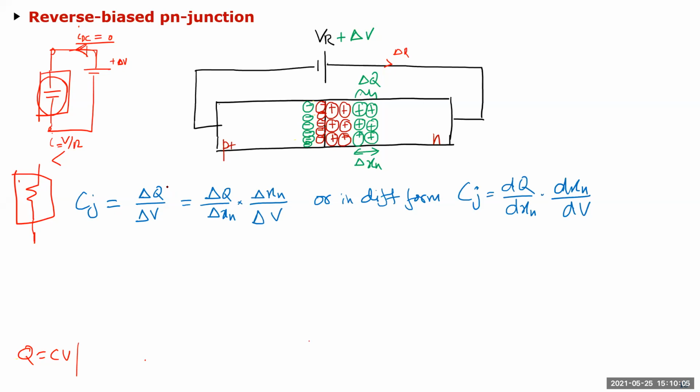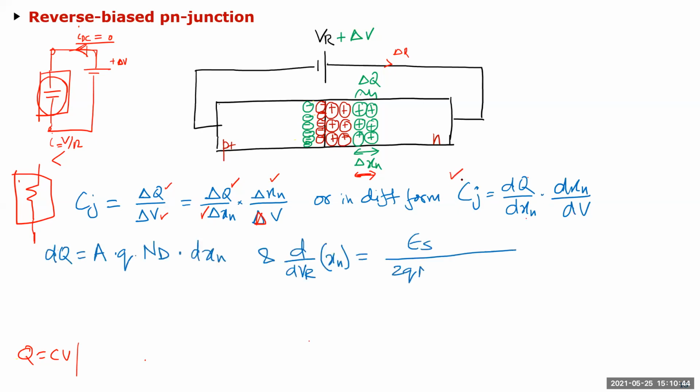What I'm interested in finding out is the delta Q for delta V. So I'll break this into two separate differentials. First I find out the delta Q for a delta change in the length, and then the delta xn for a delta V. In differential form, I find the derivative of Q with respect to xn, and the derivative of xn with respect to V. If I multiply those, I'll get the quantity I'm explaining.